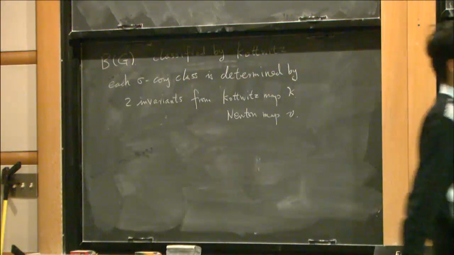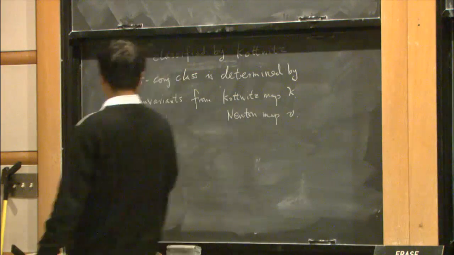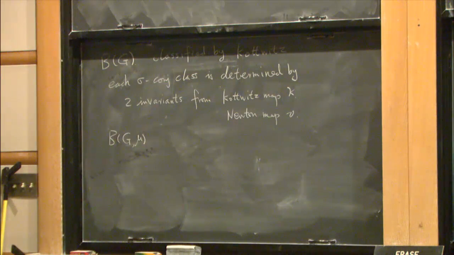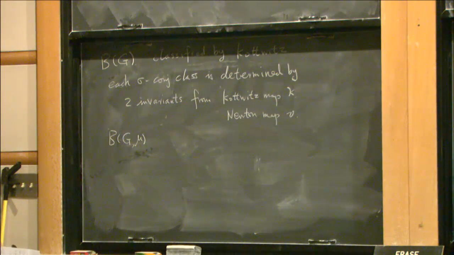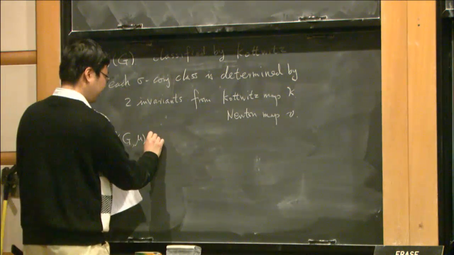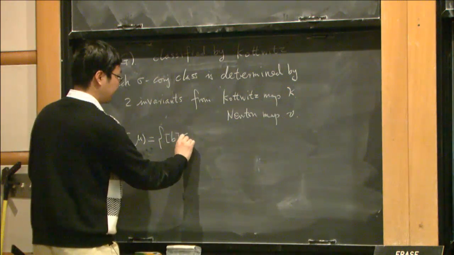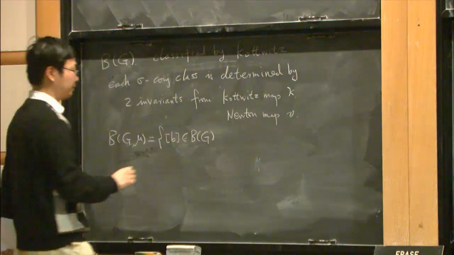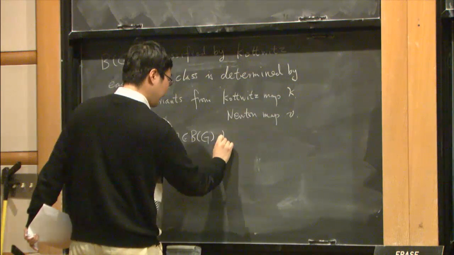And again, this map is never surjective. We also need to take into account this mu. So this is sometimes called the set of neutrally acceptable elements. So what does this mean? This means that we think about the conjugacy classes inside here and satisfy two conditions.